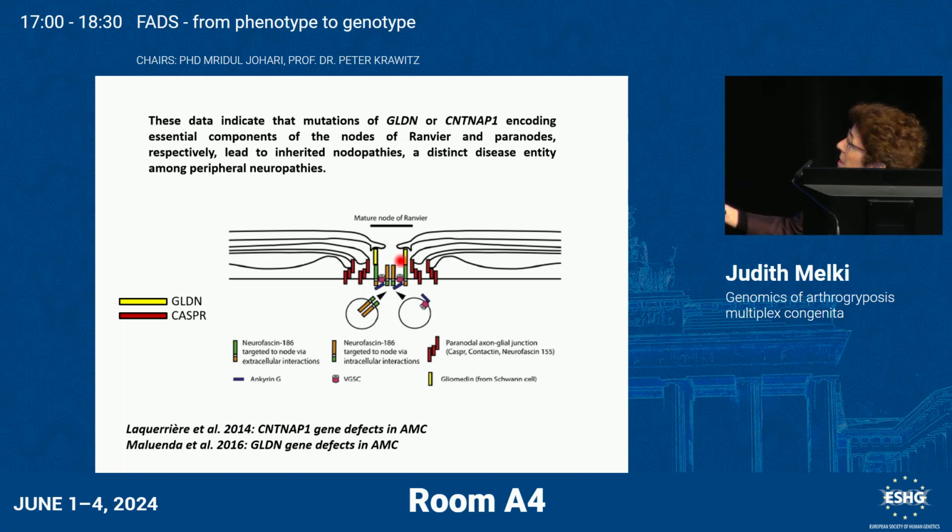And you can see the link between gliomedin here and CASPR here. These are critical proteins linking the Schwann cells to the axon and maintaining the node of Ranvier, which is a critical structure in the nerve to allow the action potential to travel along the nerve.